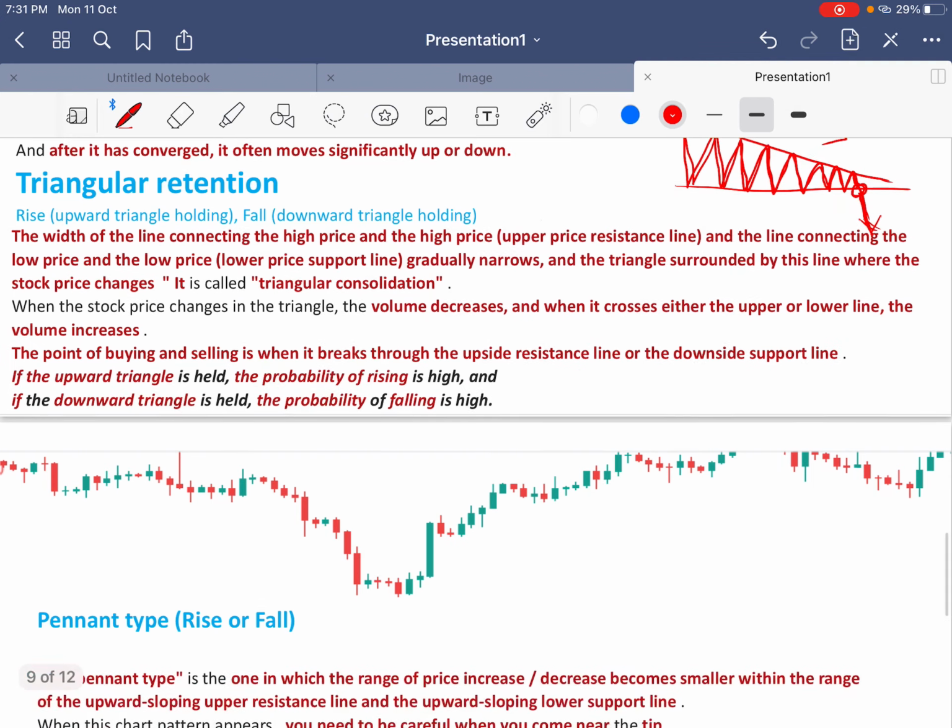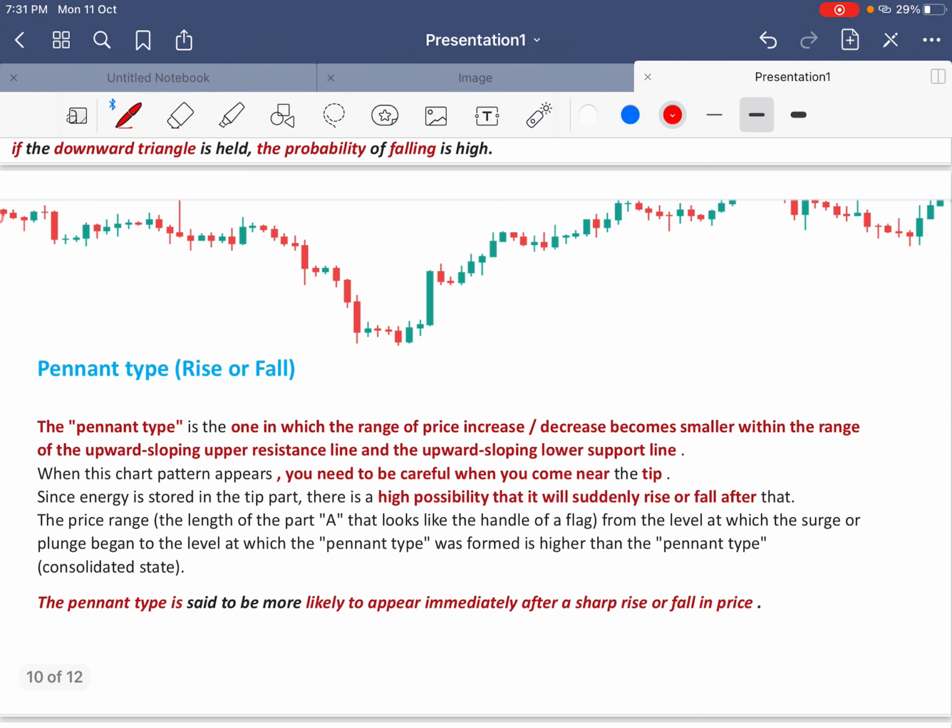So next one is our pennant type. Pennant types are also found in a bullish trend or in a bearish trend. So how do they look? Let me just give a quick idea about those.